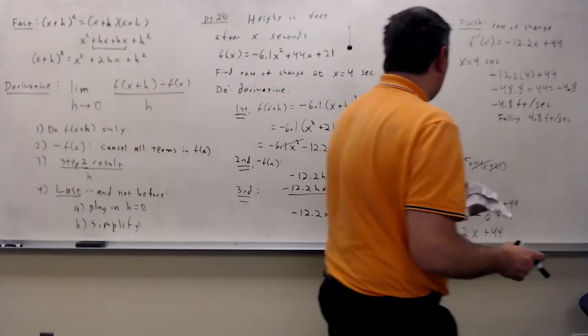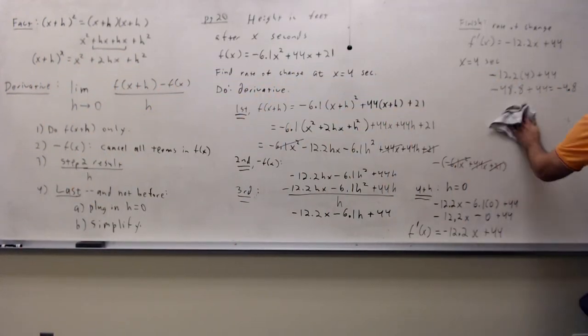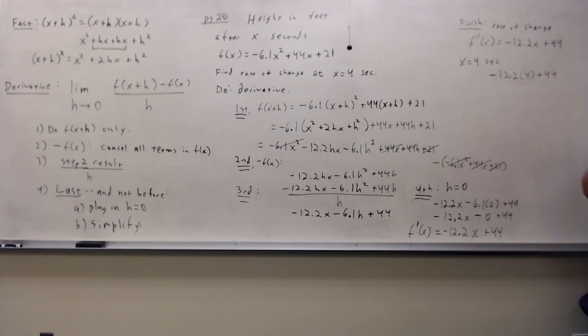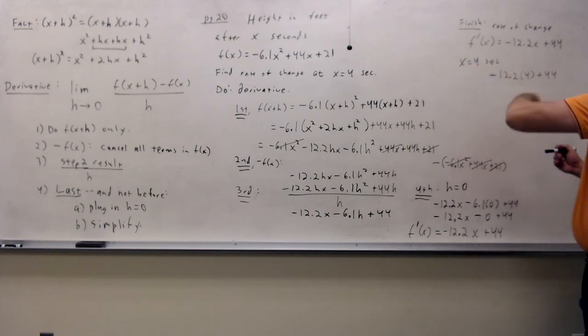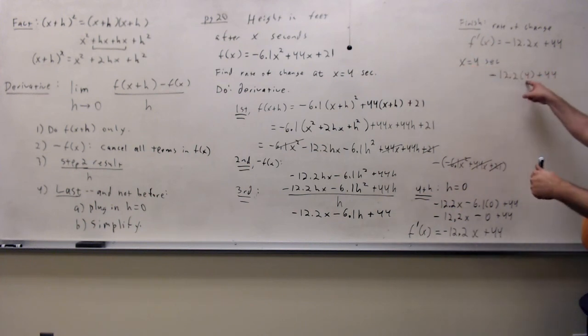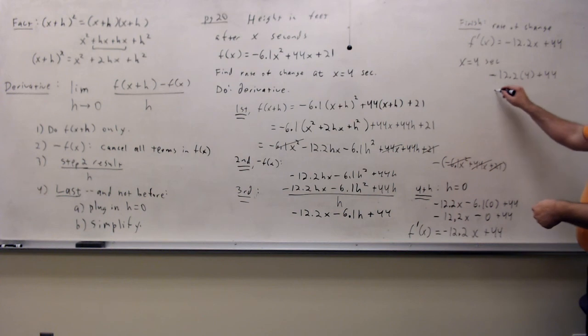I'll reword all this again. The derivative, the formula for the rate of change, is that. We found it the long way, with long work. And then at 4 seconds, I plugged in 4. So that was negative 48.8 plus 44, which is negative 4.8.